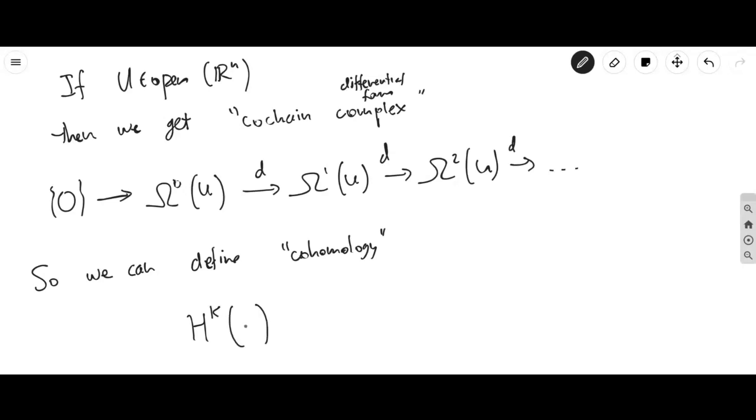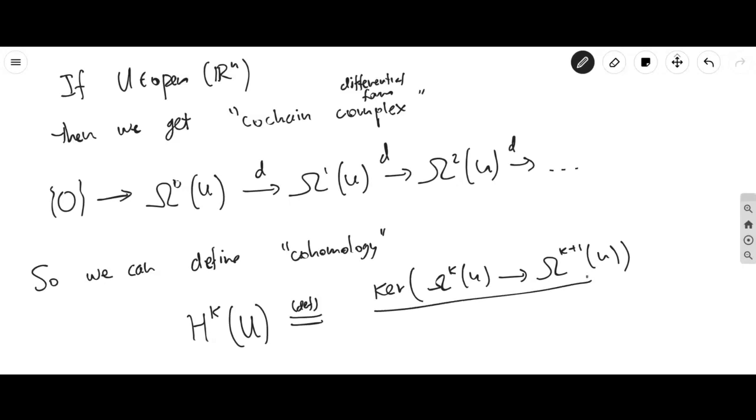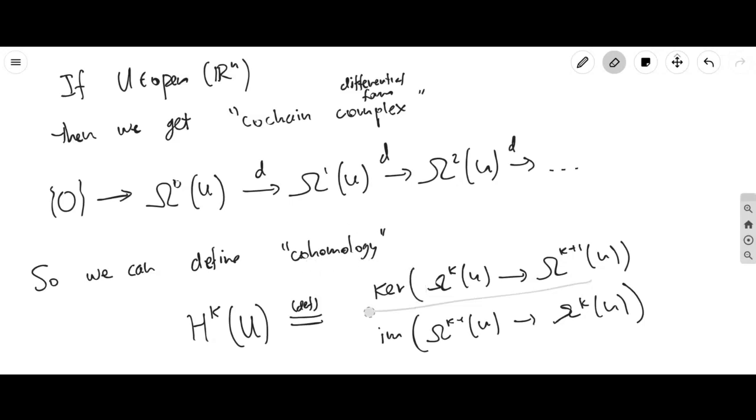You would say the kth cohomology of an open set, and by definition you would look at the kernel of the map from omega k of U to omega k plus 1, and then you would mod out by the image of the previous one. It'll be very similar, but we call this cohomology because it's just the chain complex that goes in a different direction. And we will talk about that at some point. Yeah, this is called the cohomology.